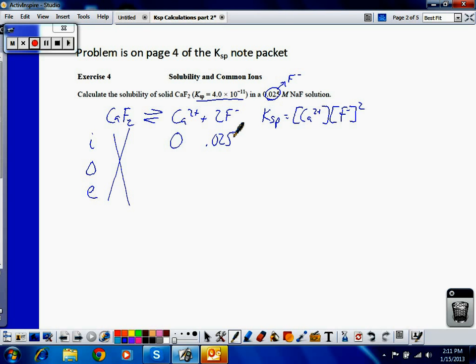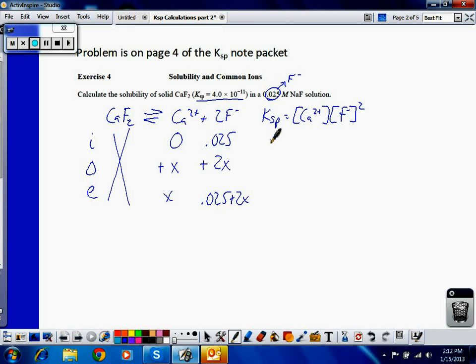Now, since there isn't any calcium ion, I do have to shift to the right and have some more dissolve to get to equilibrium. And if the amount of calcium is X, then the amount of fluoride is going to be 2X. And when I get to equilibrium, that concentration will be X, but this concentration will be 0.025 plus 2X, because I already have some fluoride in solution.